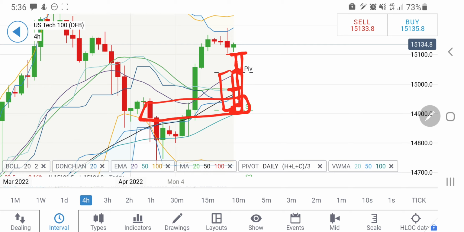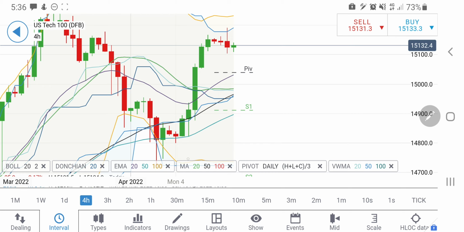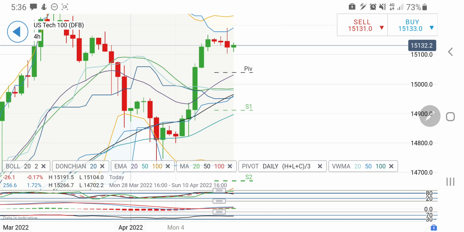If it breaks 15100, one can remain short on US100, and one can expect that it might show you 14970 to 14950 levels today itself. So take your positions accordingly, but trade only with caution here.